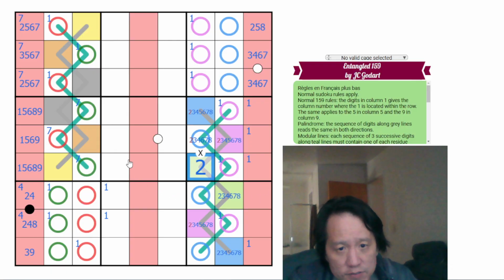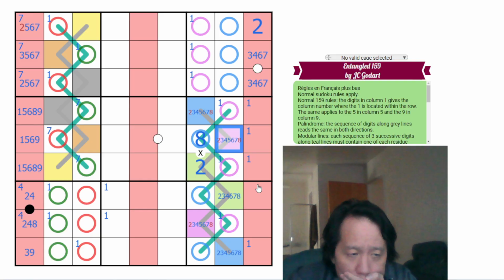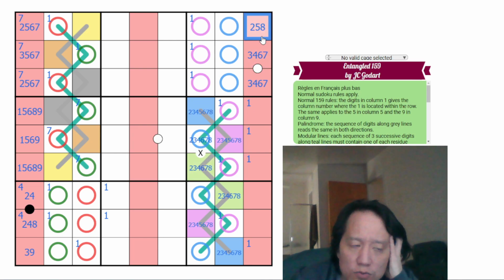Okay, if this is 2, this has to be 8, which means this is 2. Doesn't this have to be 6 and 7? I think so, right? If this is 2, that means 3 is eliminated, so it can't be 3, 4, so it has to be 6, 7.